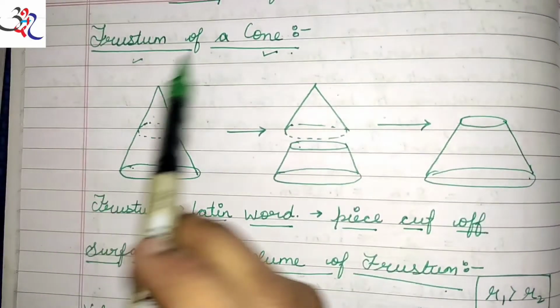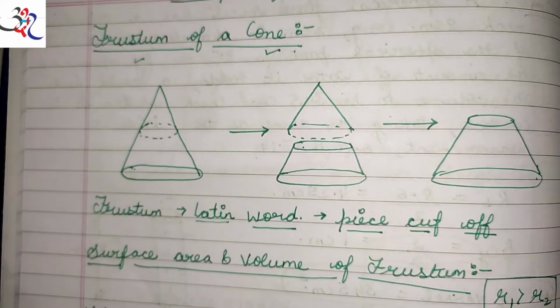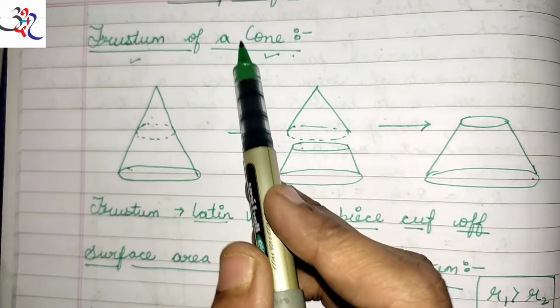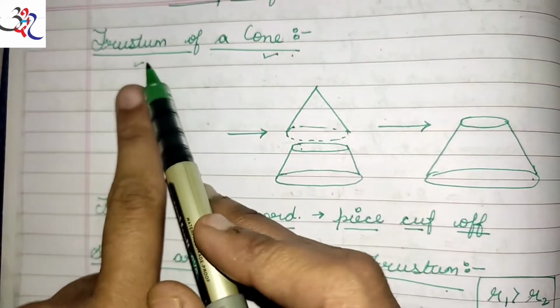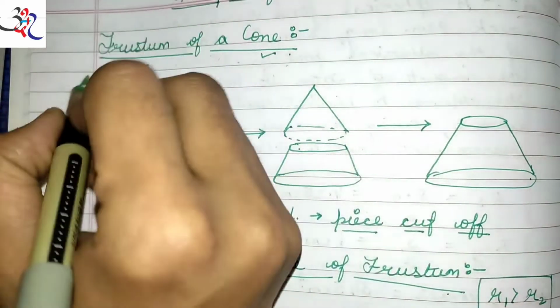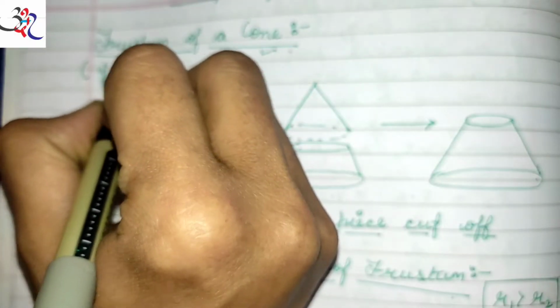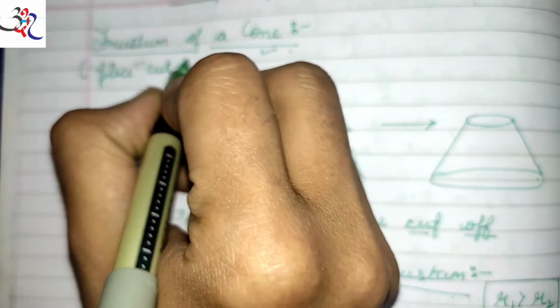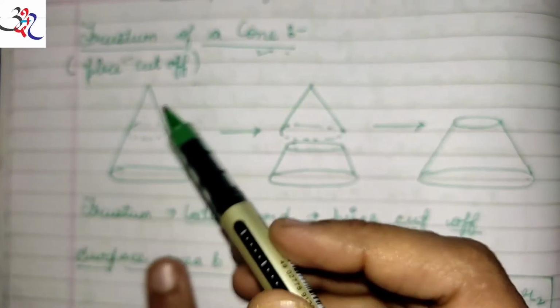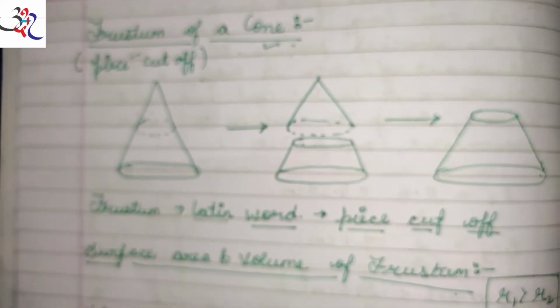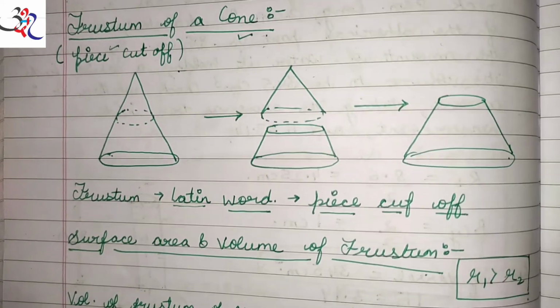That's why it is called the frustum of a cone, because we are cutting a piece from the cone.